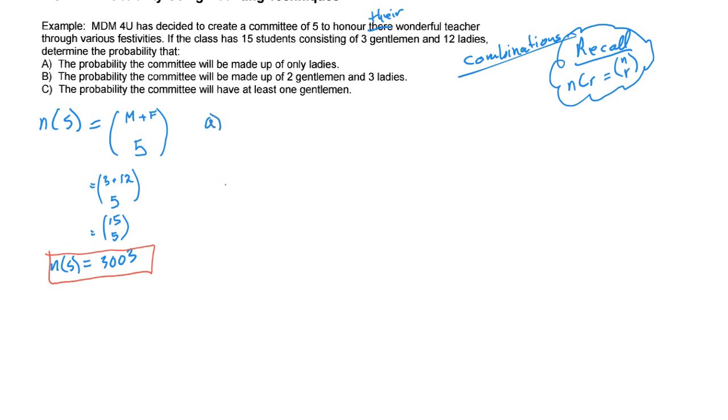So for part A, find the probability that the committee will only be made up of ladies, right? So we're going to write P of ladies. No, let's just use F and M like we were setting before. So P of F is equal to the n of F divided by the n of the total. All right, so now it says, what is the possibility of only being made up of ladies?